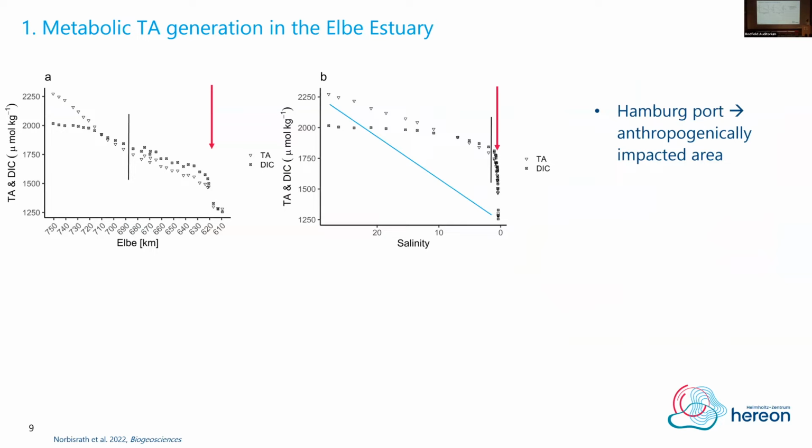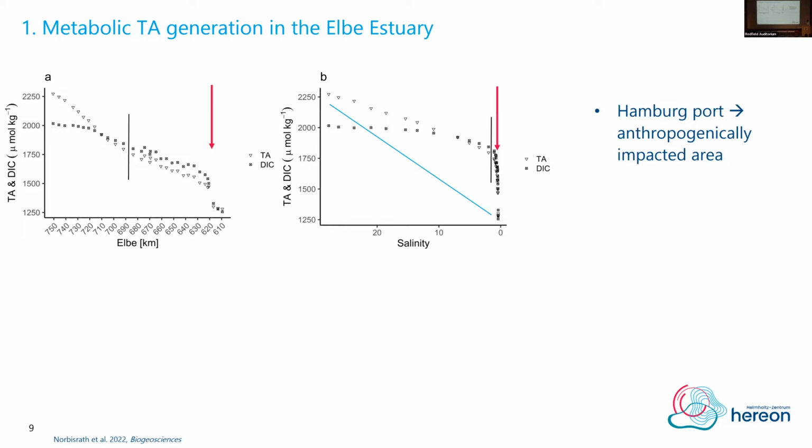Along the Elbe estuary, we observed a strong increase in alkalinity and DIC, in particular in the Hamburg port and in half of the estuary, with almost a doubling of alkalinity in the upper estuary. When we plot this data, here against the Elbe stream kilometer and against salinity, we see that this strong increase mainly occurs in the freshwater 0 PSU region.